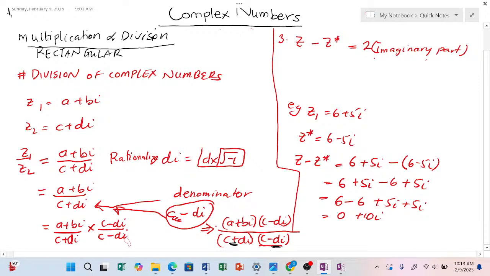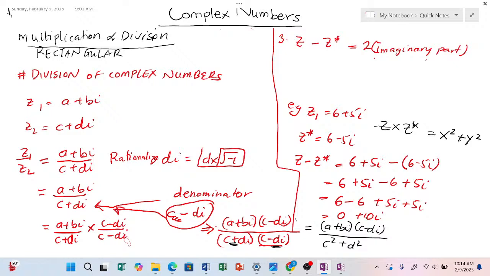And we learned from the earlier theorems that if we have a complex number multiplying its conjugate, you simply take the real part, square it, add it to the imaginary part and square it. So this will come in handy. So I have a plus bi multiplying c minus di all over c squared plus d squared. And that will make your work a little bit faster.